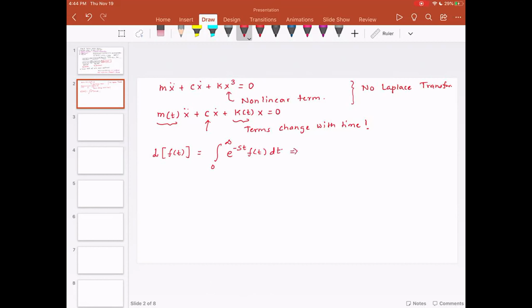Probably you have seen this equation written in a slightly different form. That means the same thing, f of t e to the minus s t dt. Now I want to be careful here. s is the Laplace transform variable, and t is the time.